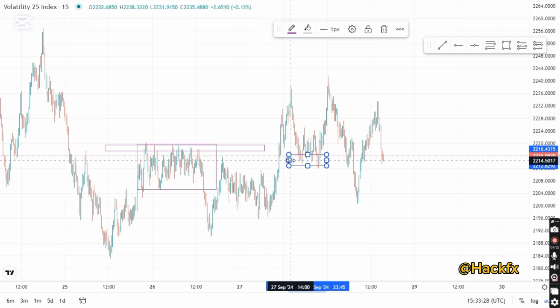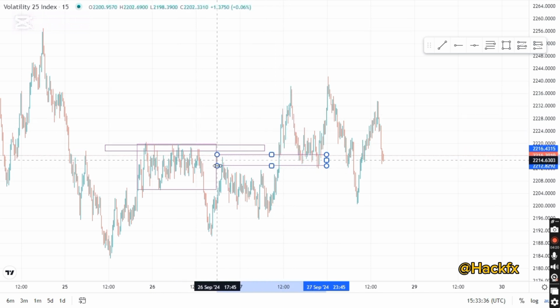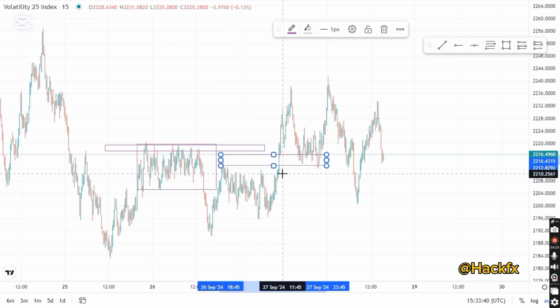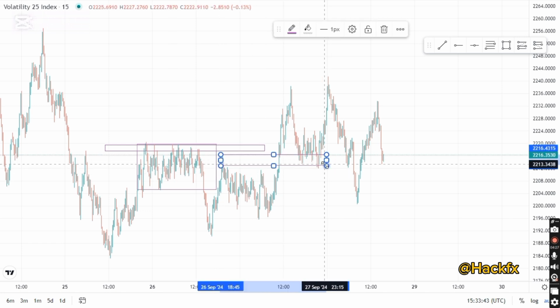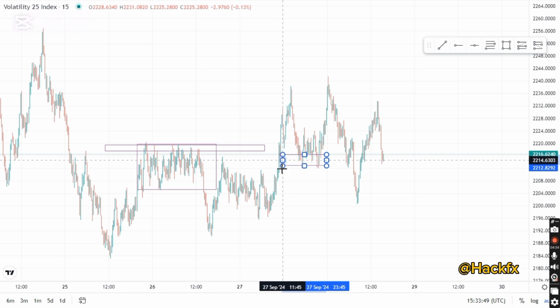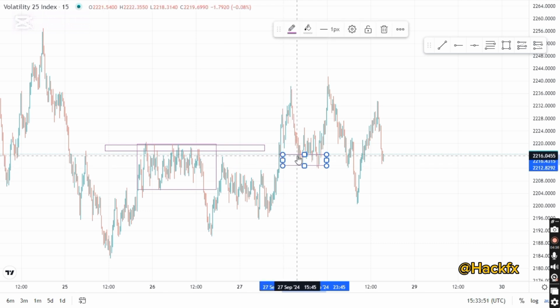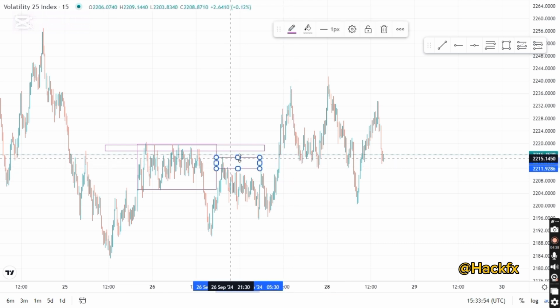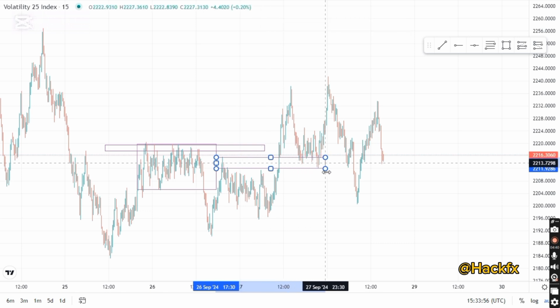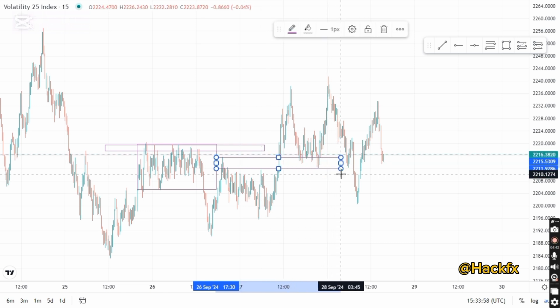Look at what happened. It retraced after an impulsive move that took out liquidity to this point. It came back to the previous high, forming a support at the previous resistance. This is a support, and this is a resistance. Whenever resistance turns to support, it means a buy.